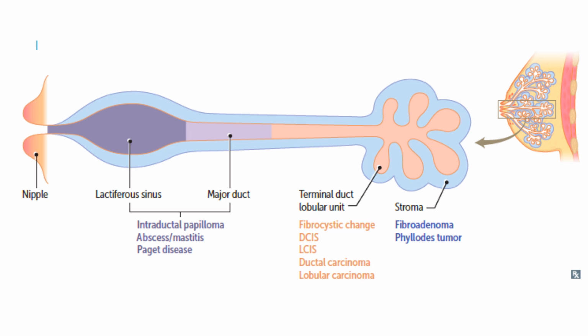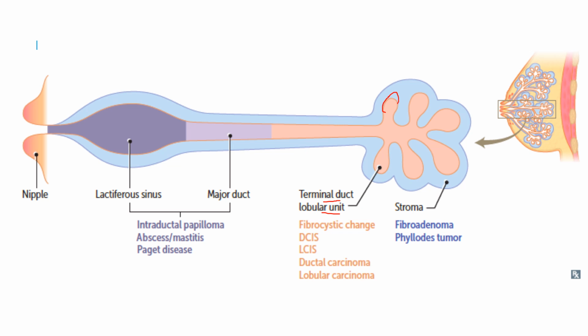Okay, this is a picture which I added. It can help you understand where the usual breast masses or inflammatory conditions are seen. Here we have the stroma, and this is the terminal duct lobular unit, with a duct and a lobule.